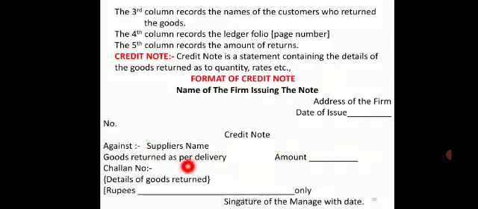Then the amount and challan have to be taken. The only formal changes are that instead of debit note it becomes credit note, and instead of supplier it will be the customer's name. These are the only two changes. The rest of the format is similar to that of a debit note.